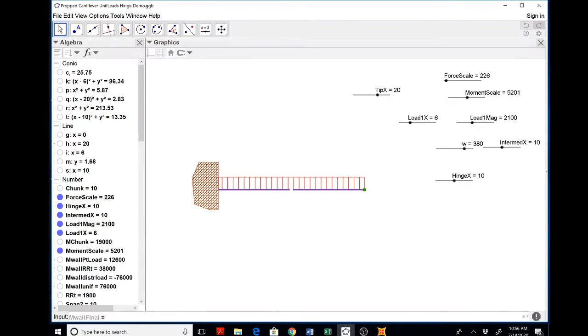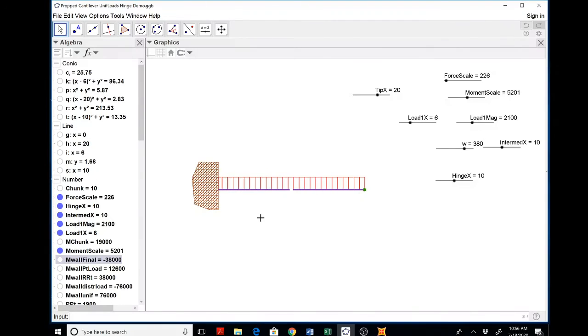the positive and the negative, or the superposition of these two. So M wall due to R right plus M wall distributed load. I'm looking at my cases, and I added them up because I forced the negative sign to be in the M wall distributed load.